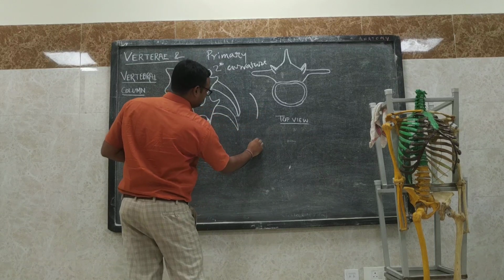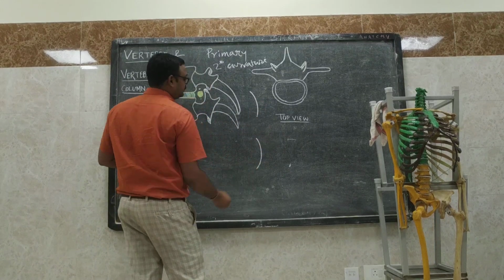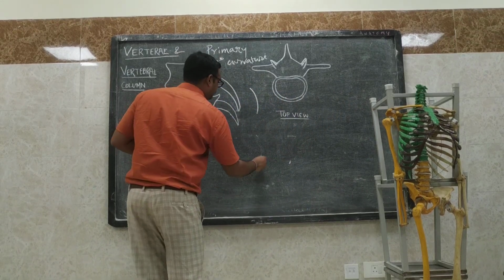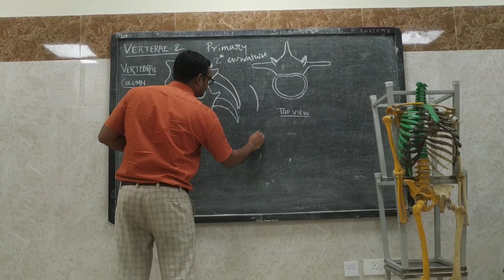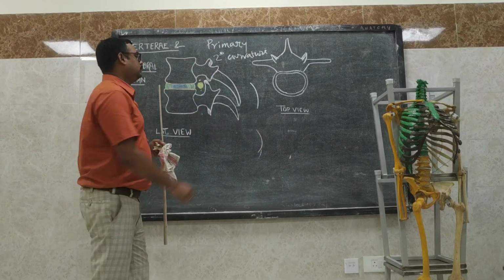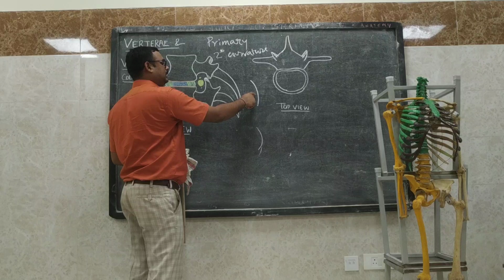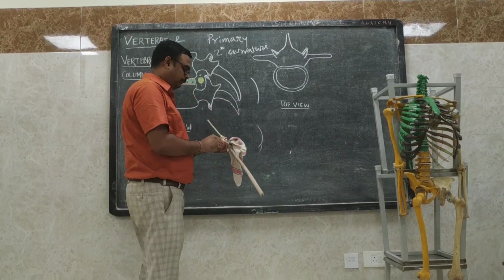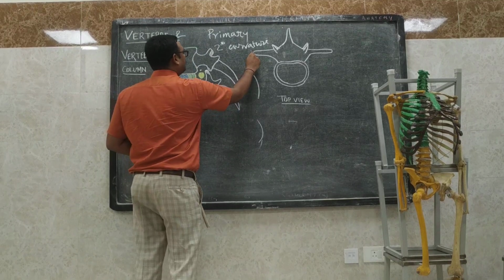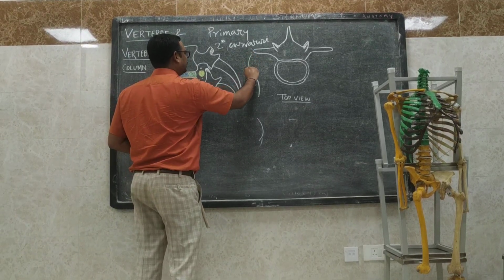This one, this one, this is your anterior, with concavity forward. So the primary curvatures are the curvatures with concavity forward, and the secondary curvatures are the curvatures with convexity forward.